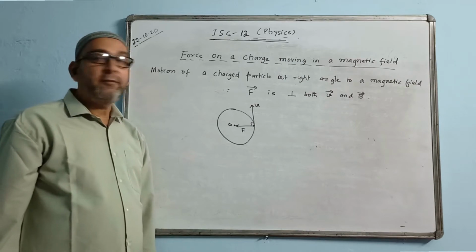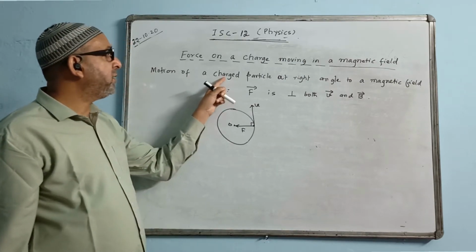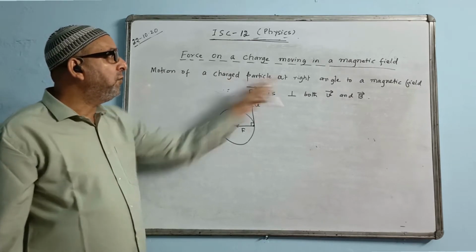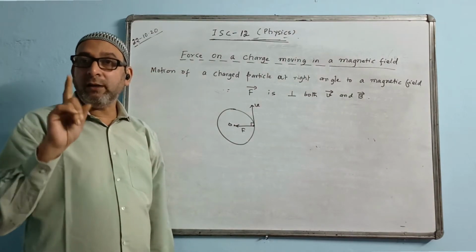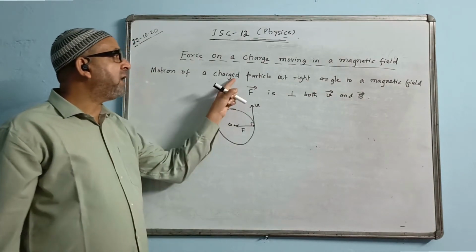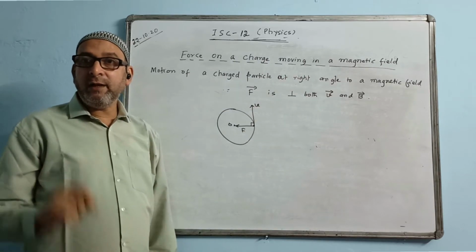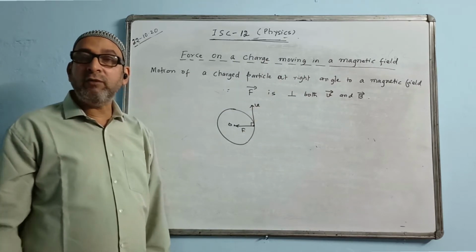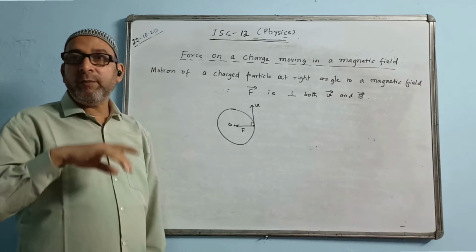Now another thing, you have to remember it now only. When a charged particle moves in a magnetic field at right angle, the locus is a circle. But when a charged particle enters an electric field region, any electric field region, that time the locus will be a parabola, or the path of the charged particle will be parabolic.